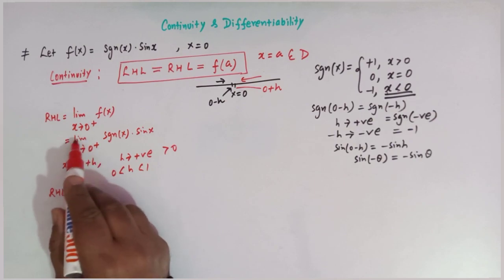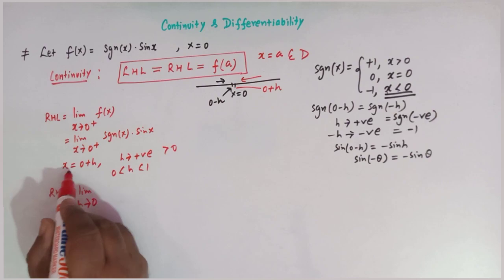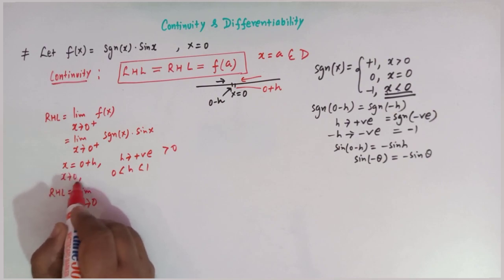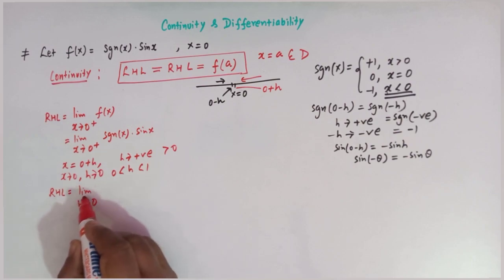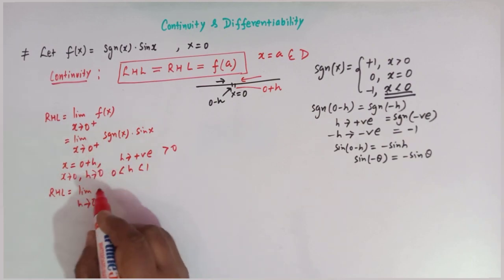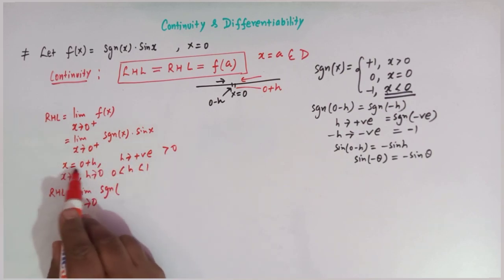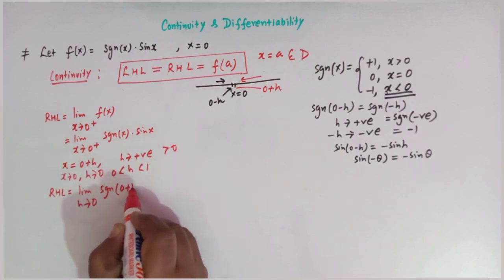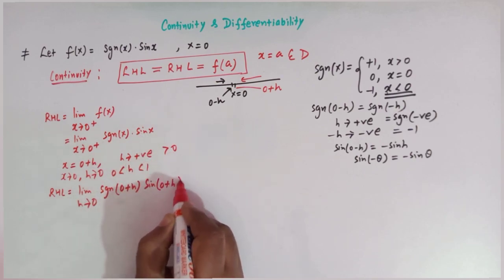We change this limit in terms of h, because when x tends to 0, obviously h tends to 0. Now we have limit h tends to 0, signum of 0 plus h, times sine of 0 plus h.